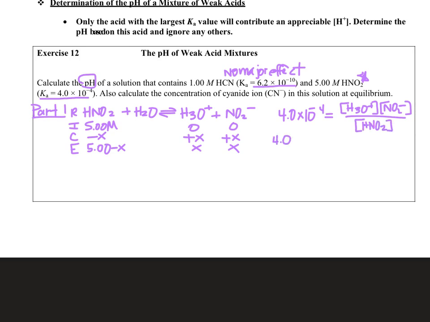And then we plug in our values, right? So 4.0 times 10 to the negative 4 is going to equal x squared. Remember, we're going to end up over here neglecting that x, right? So when we plug that in, it's going to be 5.00 molar minus x, but we're going to neglect that x.